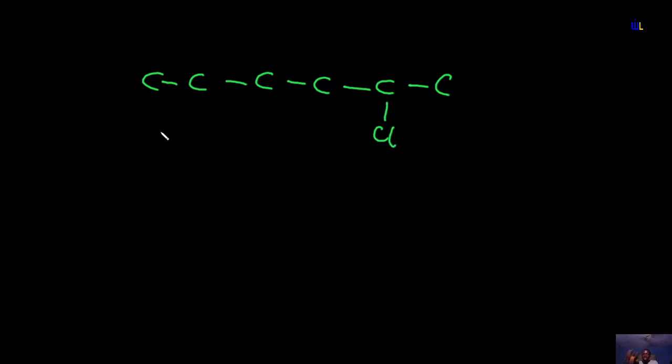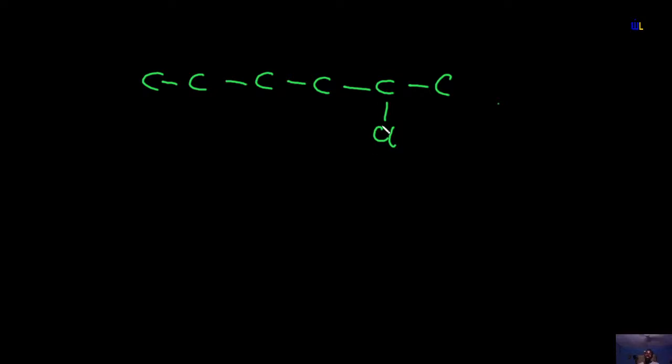This is a simple one. We'll take it from simpler ones to more complicated ones. Now, we already know that the number of carbon atoms in my longest chain is 1, 2, 3, 4, 5, 6. And the parent chain is going to be an alkane, which is hexane, because it's single bonds basically.